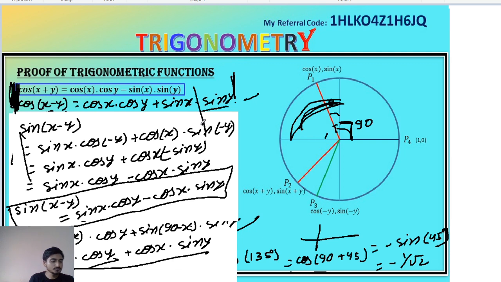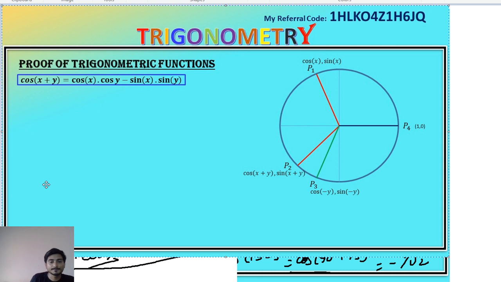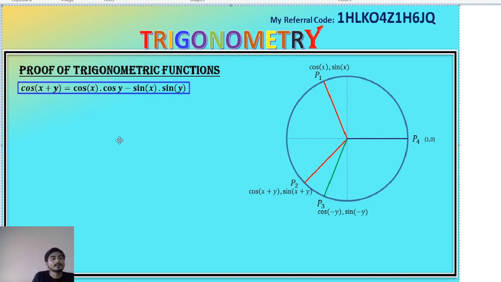Now, if you know the cos theta sin theta formula completely, you know cos of x plus y, and sin of x plus y also you saw. So sin of x plus y was what?